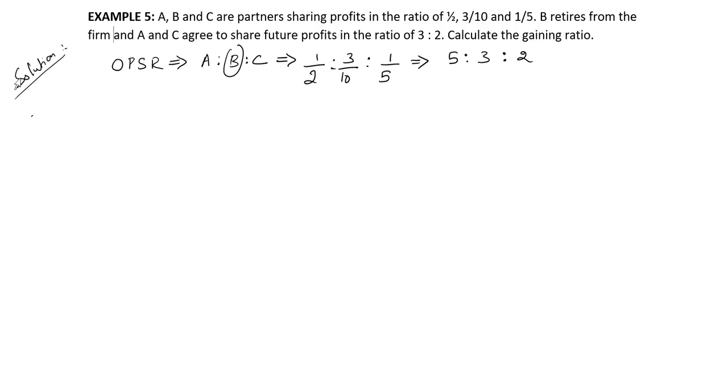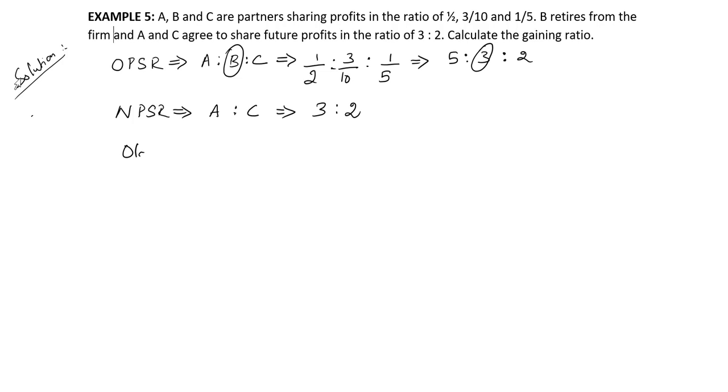B retires from the firm and A and C agreed to share future profits in the ratio of 3:2. So we have that the NPSR, or the new profit sharing ratio between A and C, is equal to 3:2. We are asked to calculate the gaining ratio.